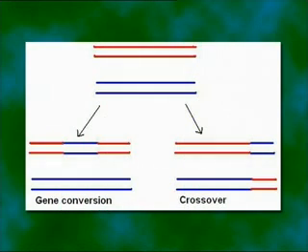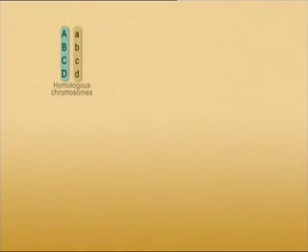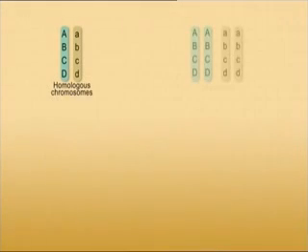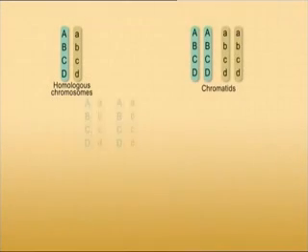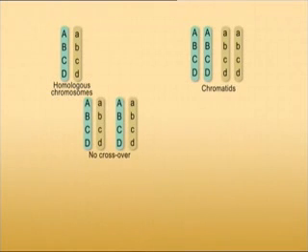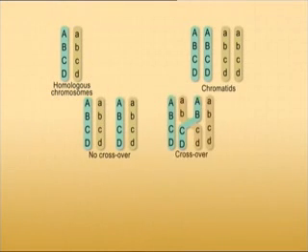Genetic variability is also produced by genetic recombination through the process of crossing over. Chromosomal crossing over refers to recombination between the paired chromosomes inherited from each of one's parents.